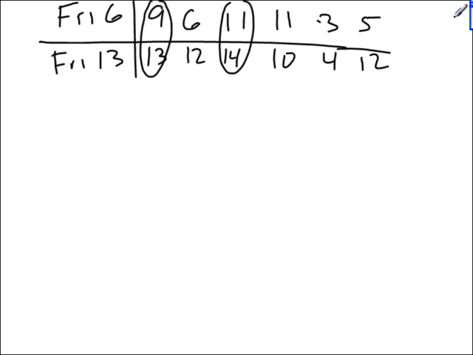If you look at these numbers, most of the time there were more accidents on Friday the 13th compared to the Friday before. I say most because in this particular month, Friday the 6th had one more accident than Friday the 13th.